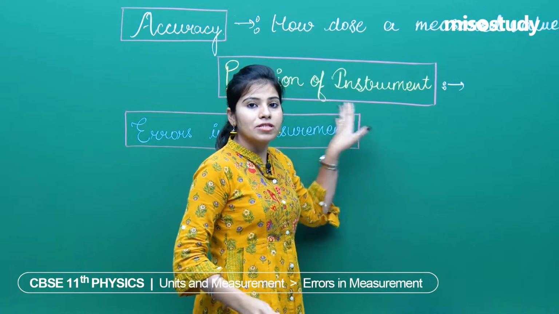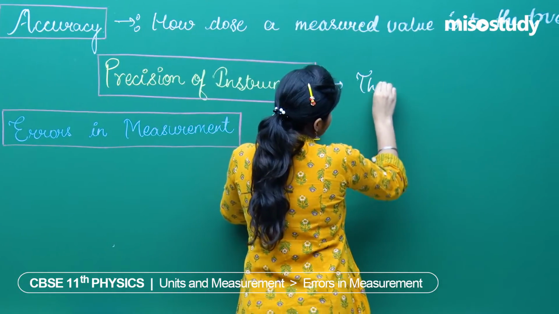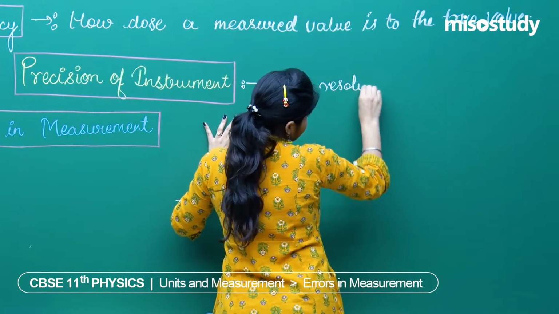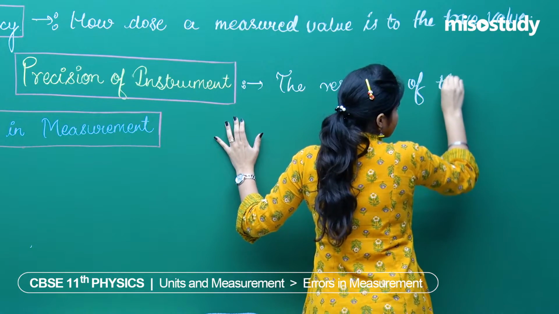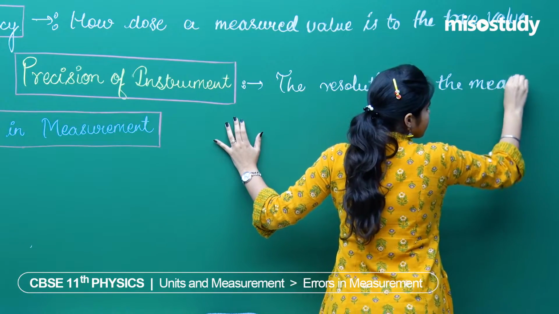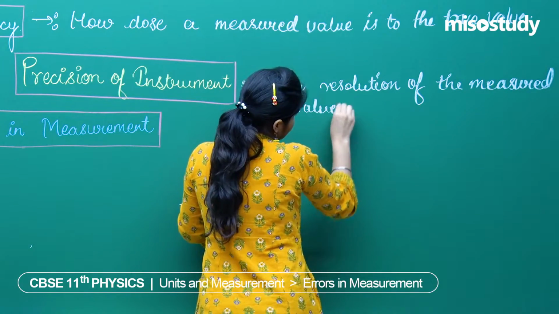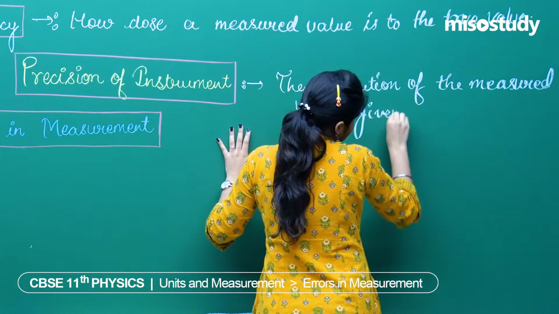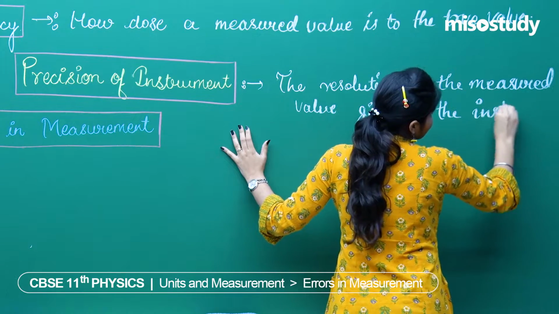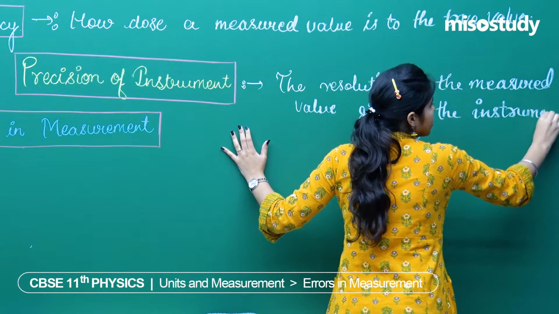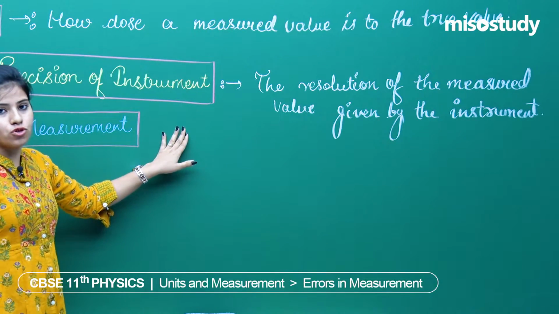So the precision of an instrument tells us the resolution of the measured value given by the instrument. That will be the precision of the instrument.